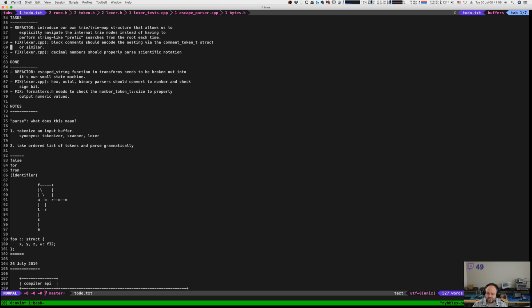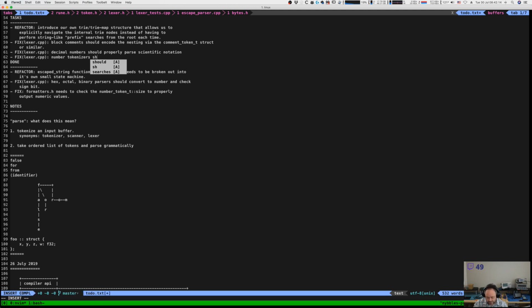So we still need to do these two. For number parsers, or number tokenizers, if I used the right term, they should assert that a non-alpha character follows the number.